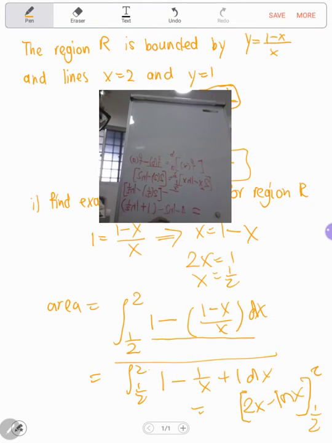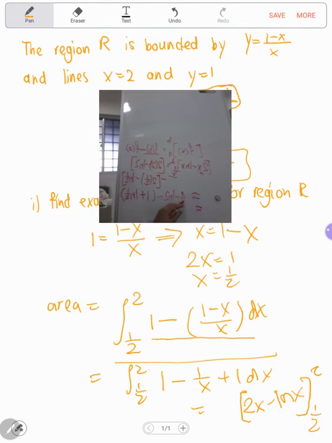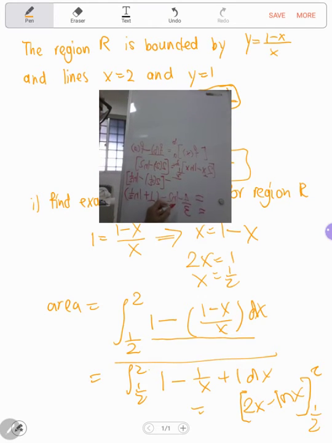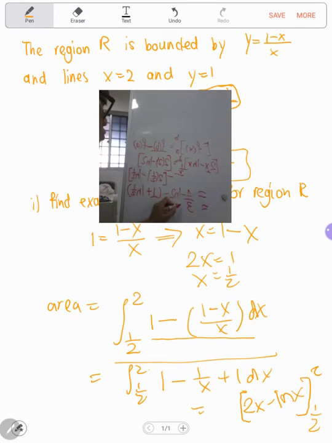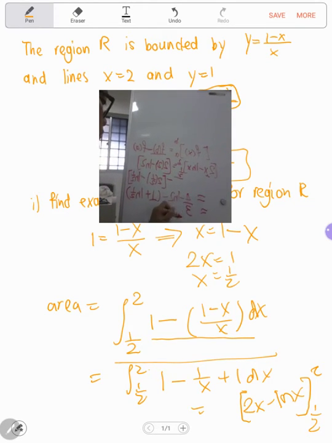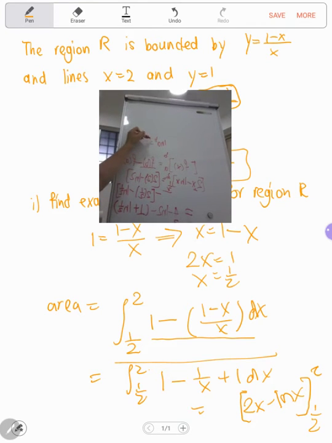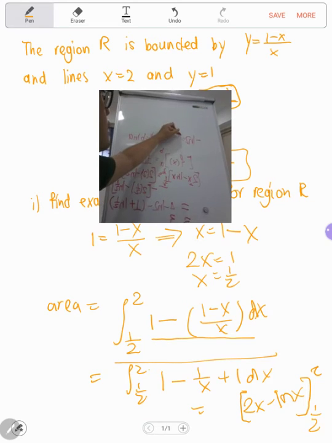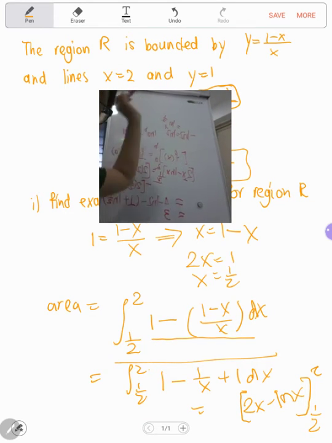Then 4 minus 1 is 3, and minus ln 2 is actually equal to plus ln half. For logarithm rules, ln a^b equals b ln a, so minus ln 2 equals ln 2 to the power minus 1, which equals ln half.